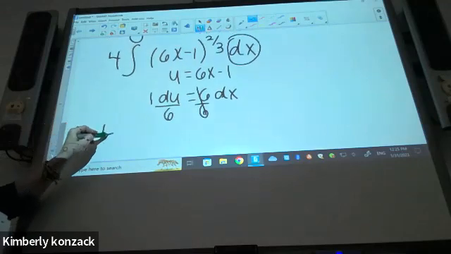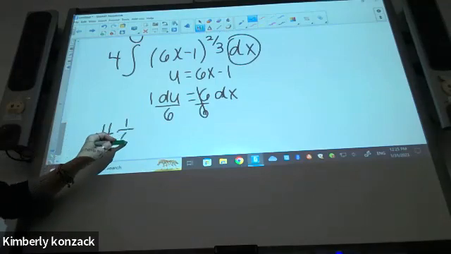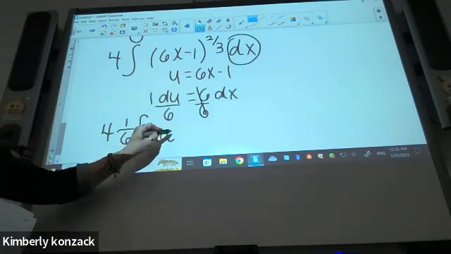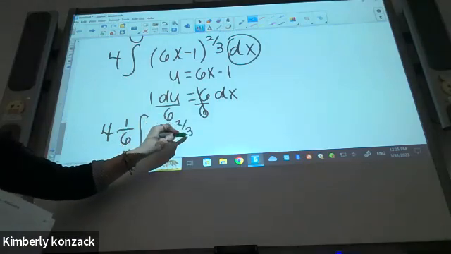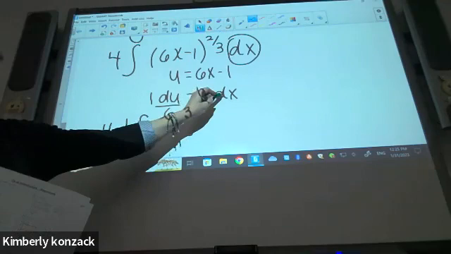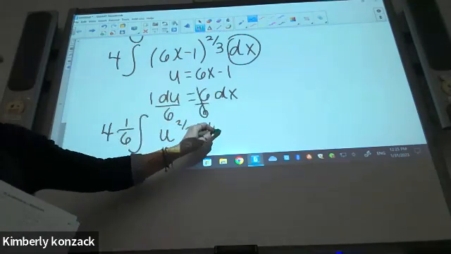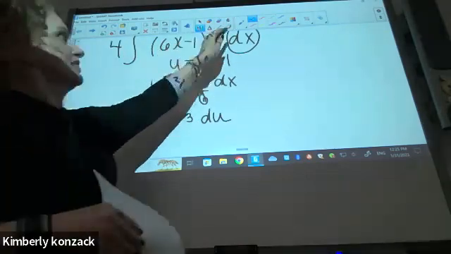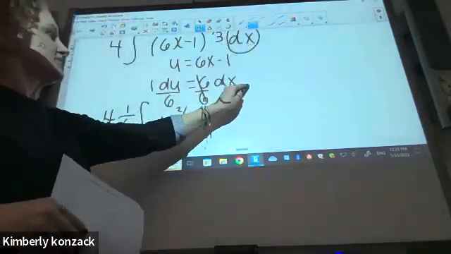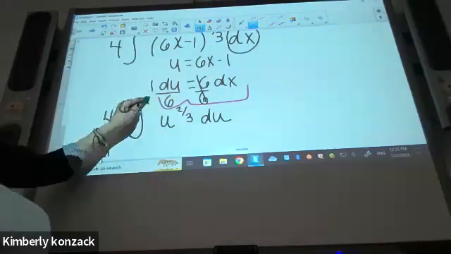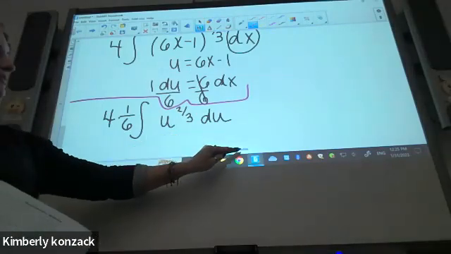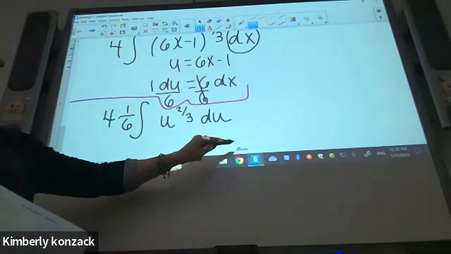So I'm going to have the 4 on the outside, the 1/6 on the outside, the integral of u to the 2/3, and then the dx gets replaced with the du. Good. Okay, so now we just take the integral. So what'd you get, Kitty?